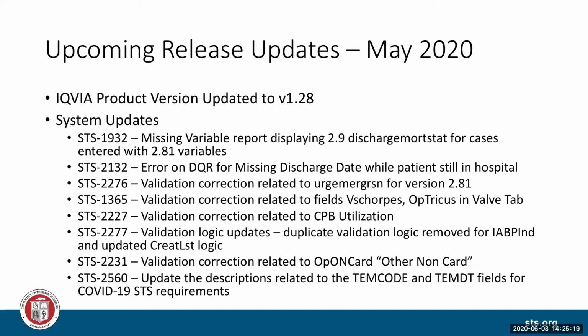In this case, it was the discharge mortality stat was displaying on the report where the reporting period was only selected for where we would have only collected 2.81 variables. So that variable for some reason wanted to appear during that time frame, so that has been corrected.